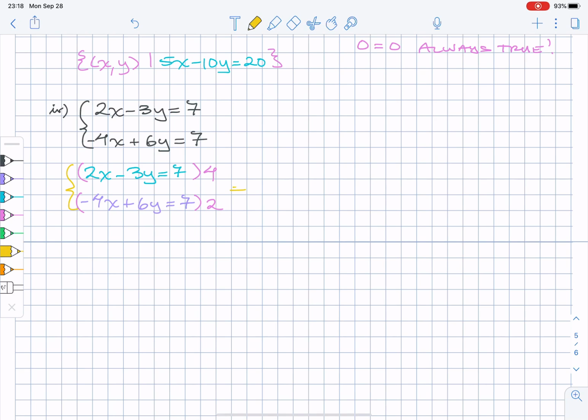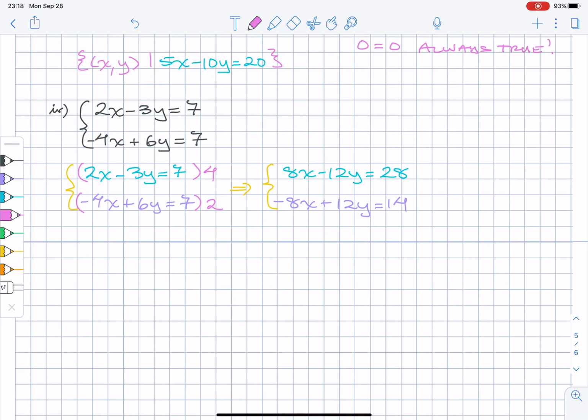So what does this give us? This gives us 8x minus 12y is equal to 7 times 4, which is 28. And the second equation multiplied by 2 will be negative 8x plus 12y equal to 14.